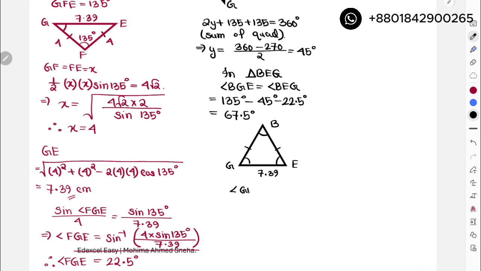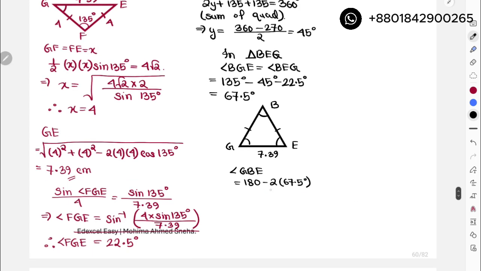Angle GBE is just going to be 180 minus 2 times 67.5, under the reason sum of angles in a triangle, and that leaves you with another 45 degrees.